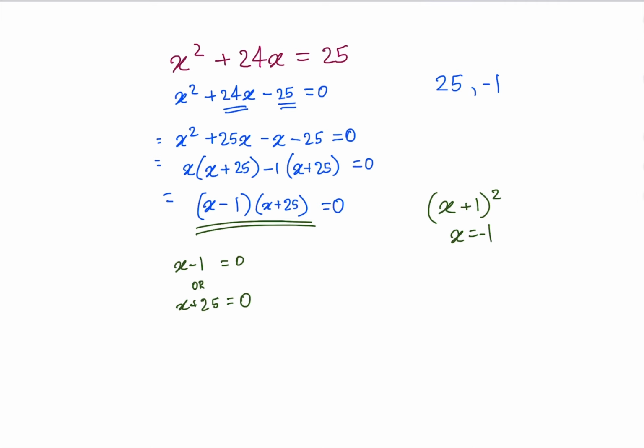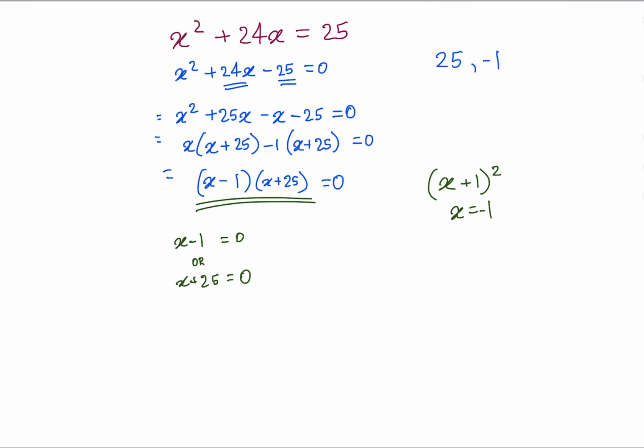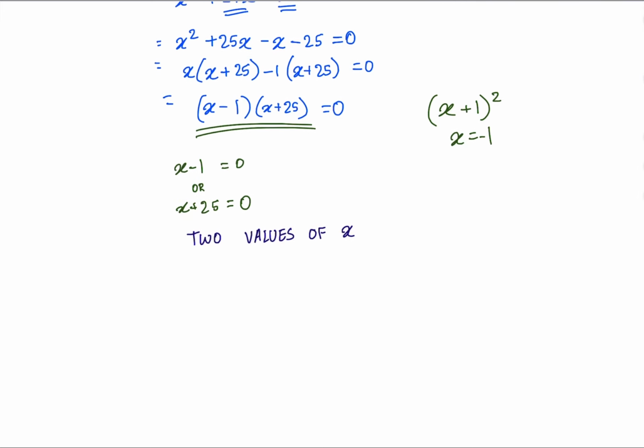Either way, even if one of them is 0, then 0 times whatever the other expression is gives 0. So there are two answers to this question, two values of x.